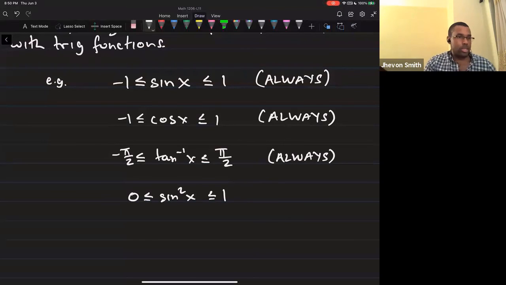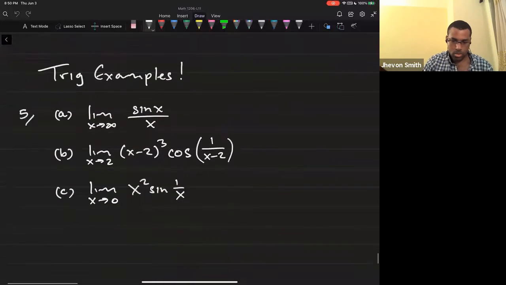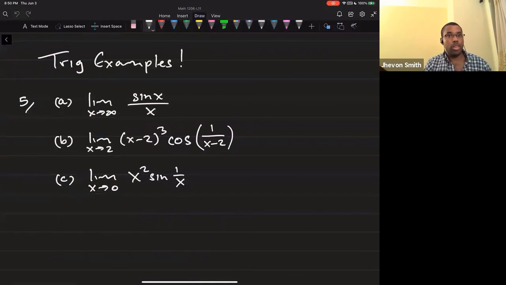And so that comes in handy with some nice examples here. Here are some trig examples.